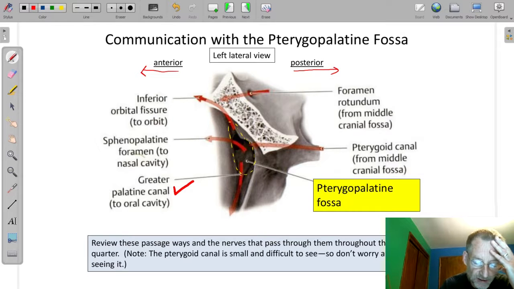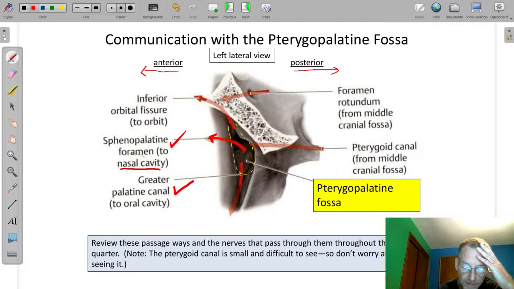And then there's also the sphenopalatine foramen that I just mentioned. Also connects to the pterygopalatine fossa. And this goes out onto the nasal cavity. So you leave the pterygopalatine fossa through the sphenopalatine foramen, and then you're into the nasal cavity.